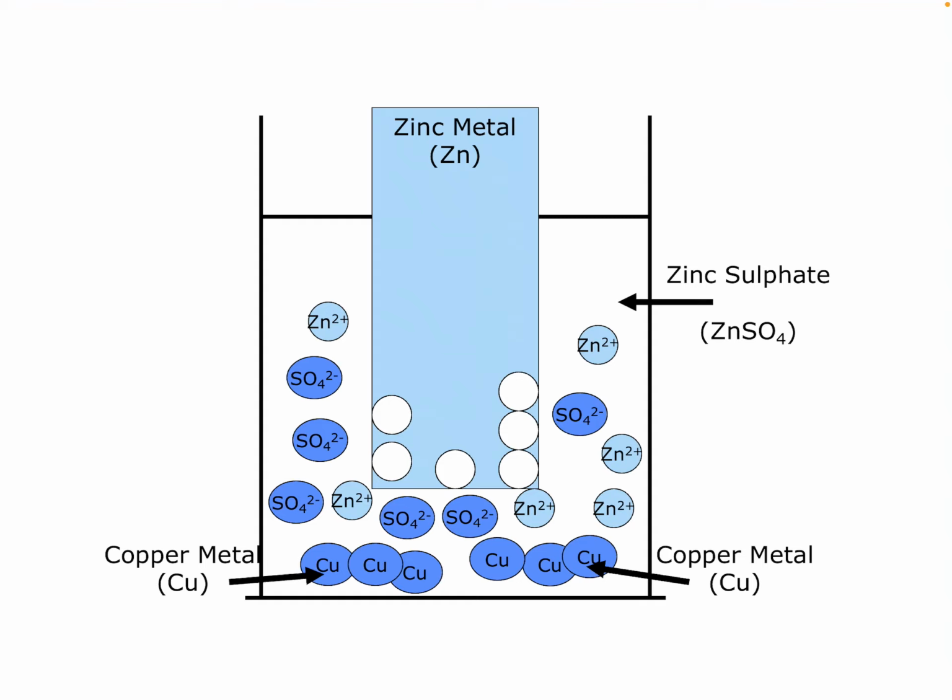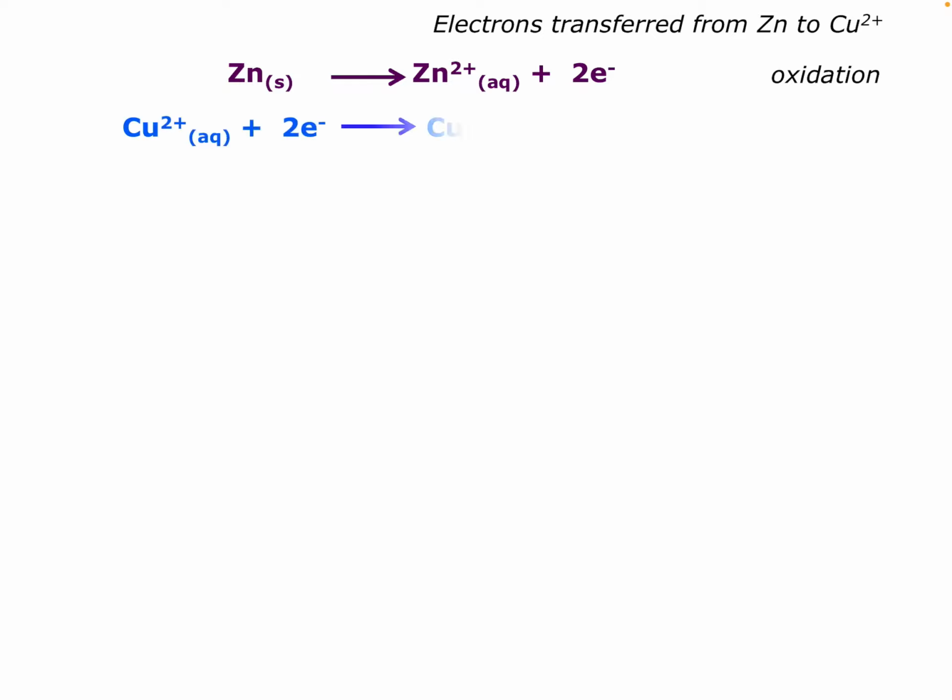There has been a transfer of electrons, and it's been a direct transfer. So the zinc has given away its electrons, and it's given them to the copper. So the electrons were transferred from the zinc to the copper. So the zinc goes to zinc 2+ plus 2 electrons. The copper 2+ takes those 2 electrons to become copper.